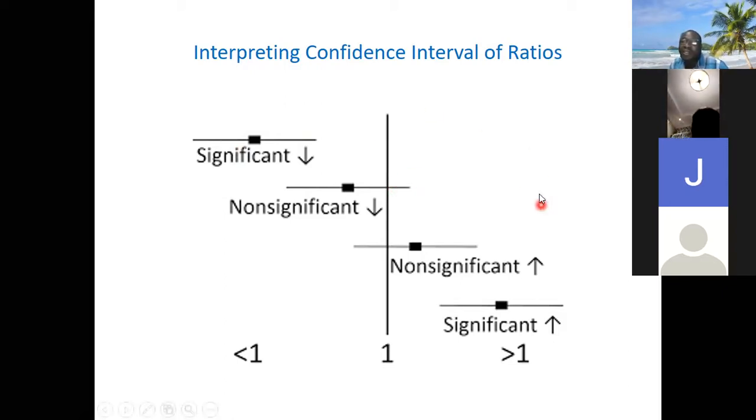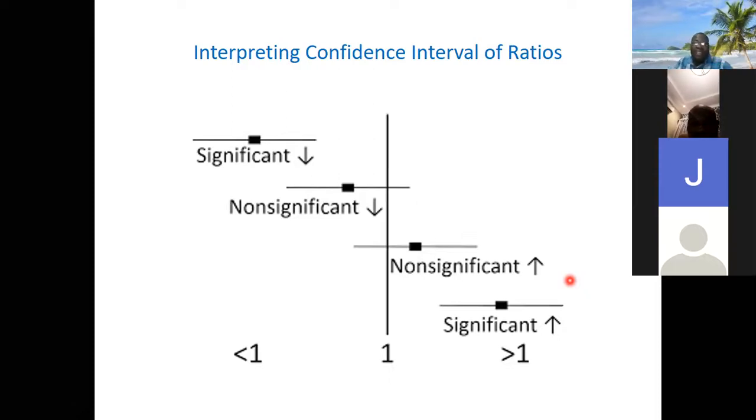So no effect. The same thing with this one. Here the risk is higher than 1, but the confidence interval is also from less than 1 to above 1. So 1 is one of the values in the population. In that case, it's not significant.